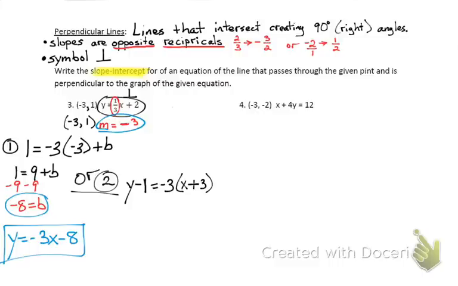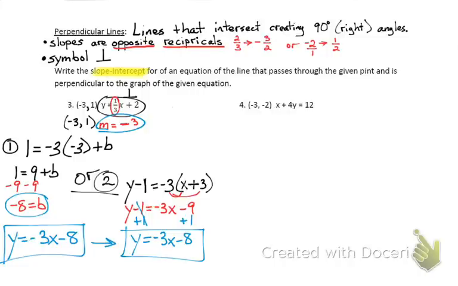And now we simply solve this equation for y, starting by distributing. So I have y minus 1 equals -3x minus 9, and then I add my 1 to both sides. y equals -3x minus 8. Again, same answer as I got using the other method. Either method's going to be fine. So, again, you can go ahead and attempt number 4 on your own here, and check your answer when we come back.